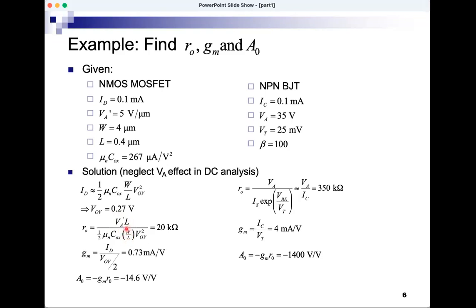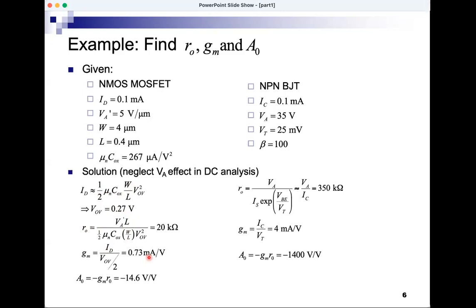What about this? L also appears here. So I will disrupt VOV, and that may affect GM. So maybe I can make W also bigger. If I scale W and L by the same factor, then VOV is not affected, but RO will increase and GM will be the same.